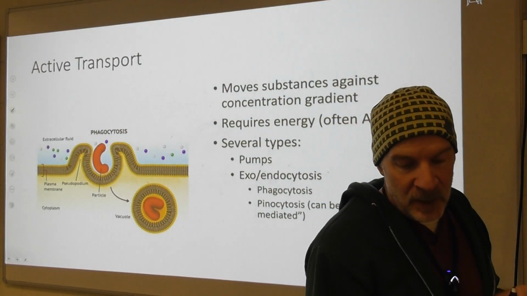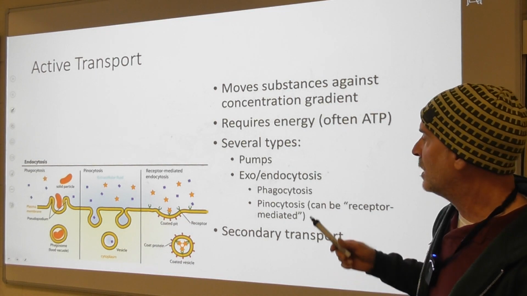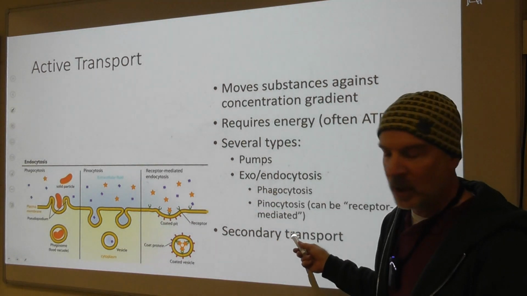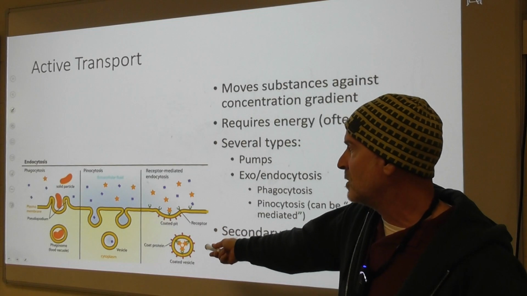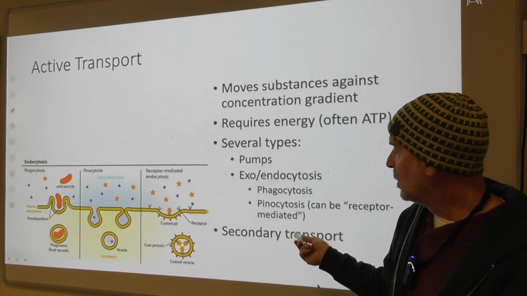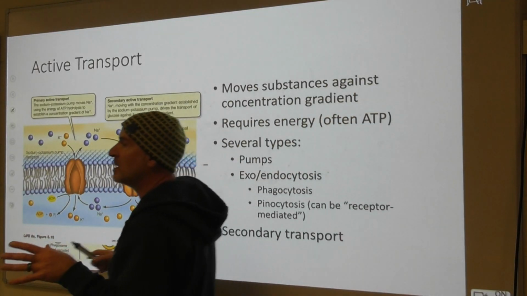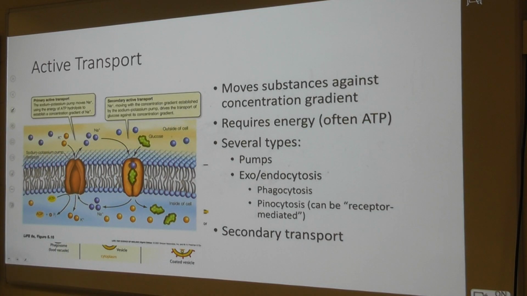And then there's what we call secondary transport. Sorry, my pictures are out of order. This is showing pinocytosis and receptor-mediated endocytosis. And then there's secondary transport, which is basically what happens if you use pumps to establish a concentration gradient, and then you use that concentration gradient to move something else in along with whatever is essentially diffusing.